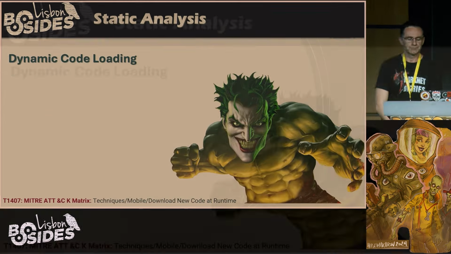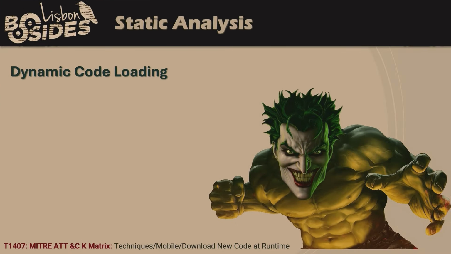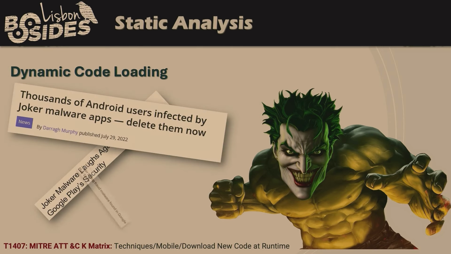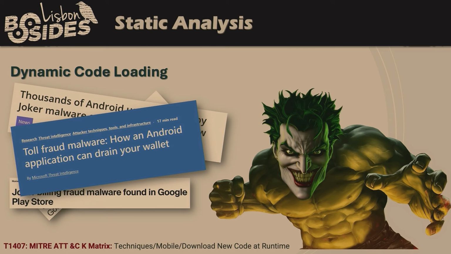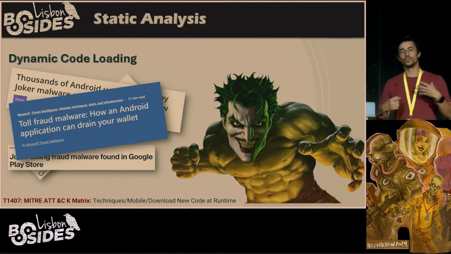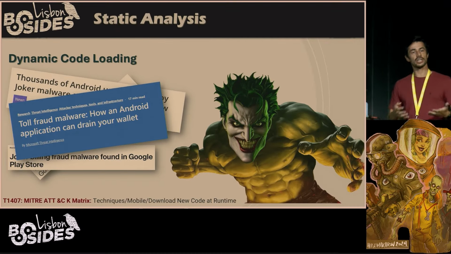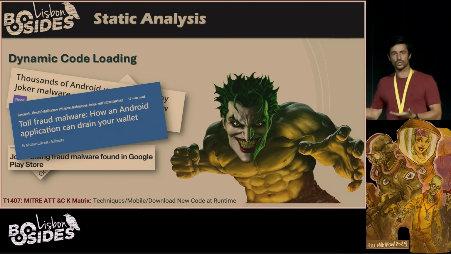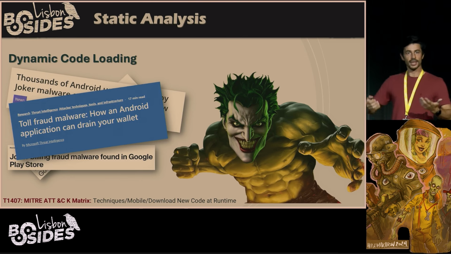And the next section is dynamic code loading, which is basically why Joker, the very well-known malicious code, is the most prevalent malware in various markets. So what does dynamic code loading do? It enables you to download or extract a payload and then run it in the application's memory.